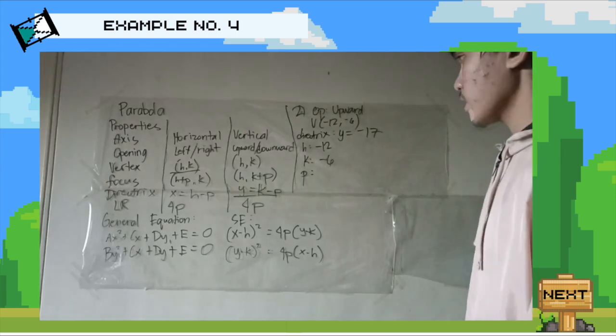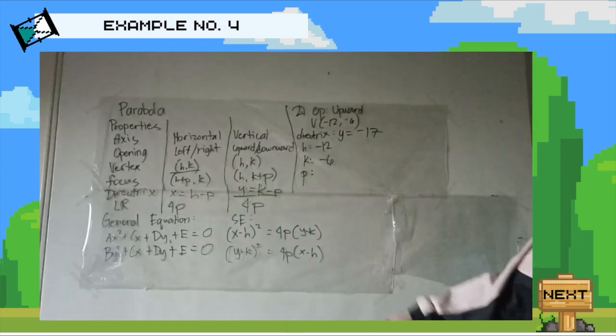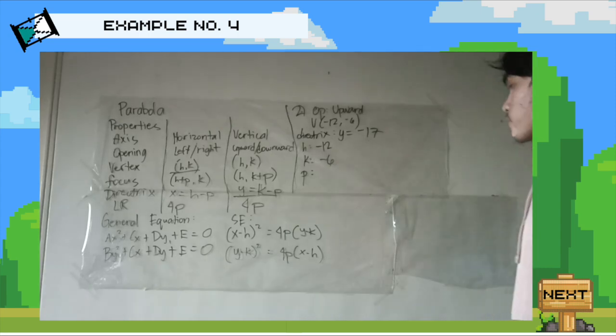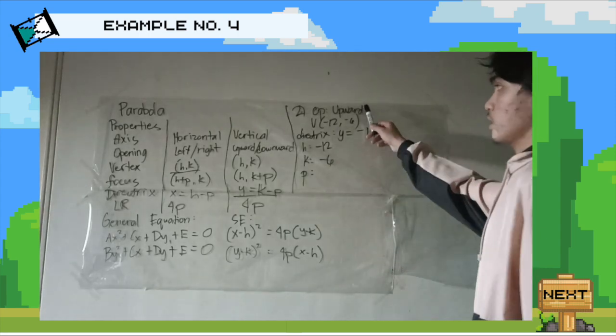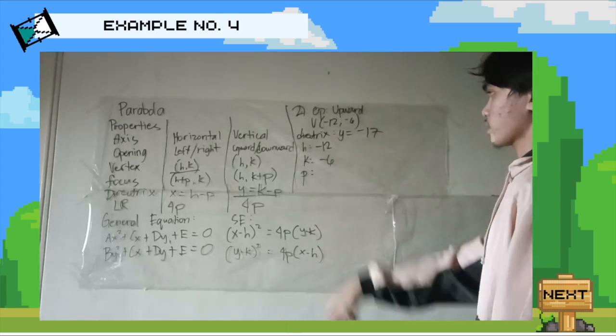To get the p, first we need to identify the axis of this parabola. It says here it is upward, so that is vertical.